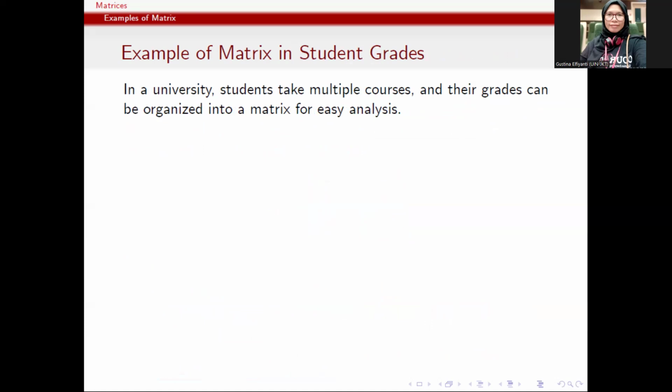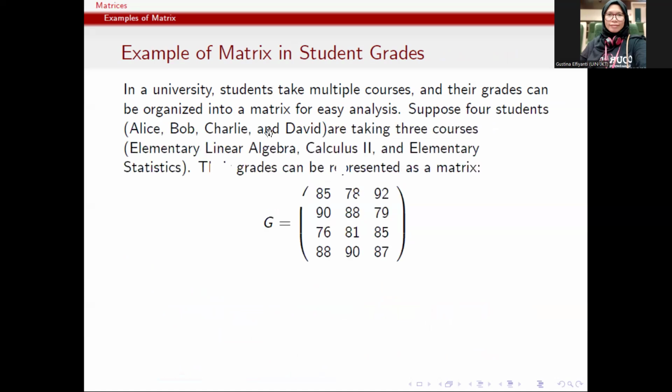Now we see an example of a matrix in student grades. In a university, students take multiple courses, and their grades can be organized into a matrix for easy analysis. Suppose four students, Alice, Bob, Charlie, and David, are taking 3 courses, let's say elementary linear algebra, calculus 2, and elementary statistics. Their grades can be represented as a matrix G, this one.